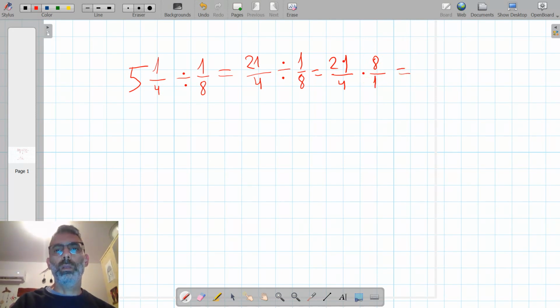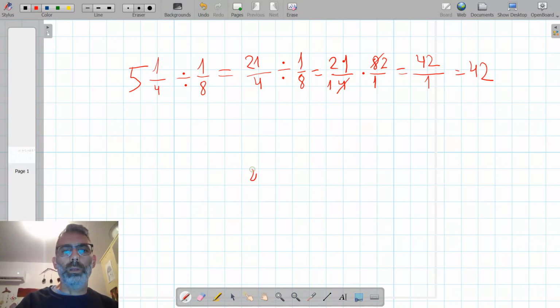Okay, this I can simplify. 4 divided by 4 is 1, 8 divided by 4 is 2, so 21 times 2 is 42 over 1. 1 times 1 is 1, which is 42.